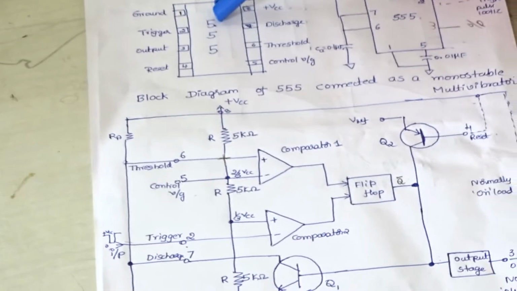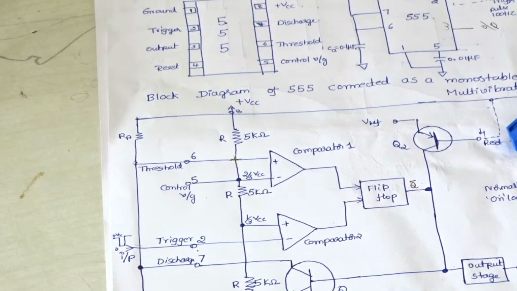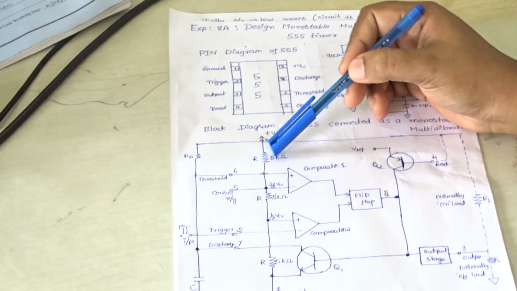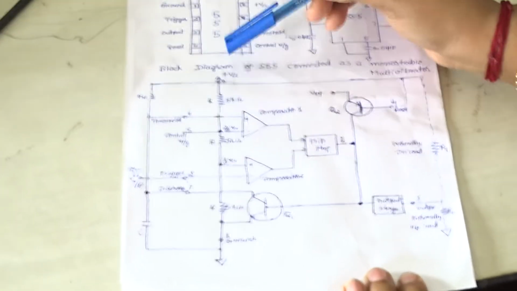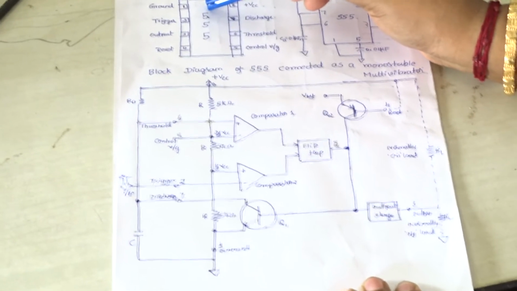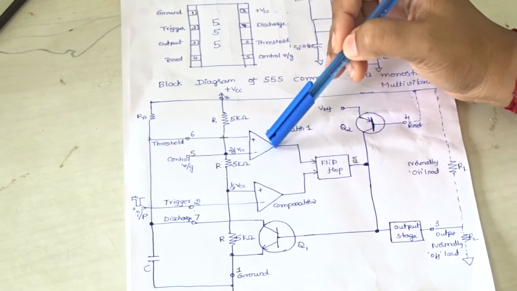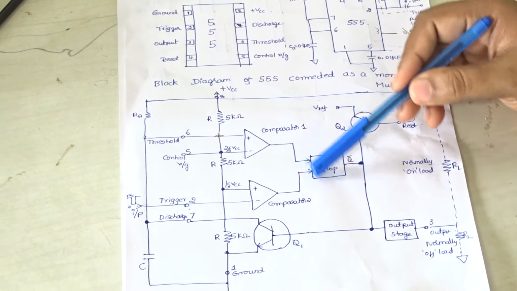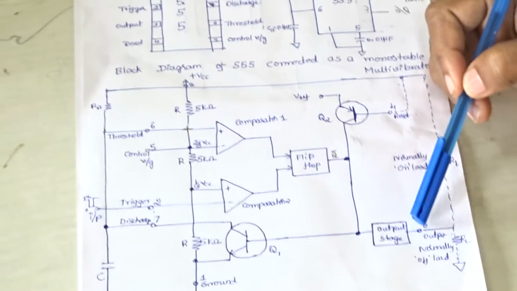Now, what is there behind this, the internal diagram of this 555 timer? Why the name 555 is given: this is the internal block diagram of 555, connected as a monostable multivibrator. Internally it consists of 3 resistors, each of 5 kilo ohm. That is the main reason why it is known as 555 timer. Apart from that, it consists of 2 comparators, upper comparator and lower comparator, and the output of the comparators is given to the flip-flop, and from the flip-flop it is connected to the output stage.